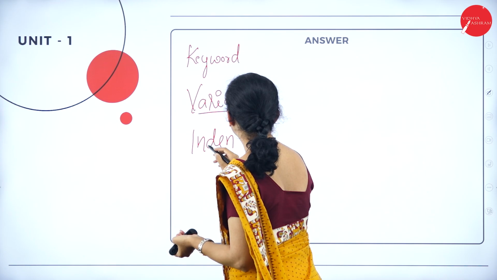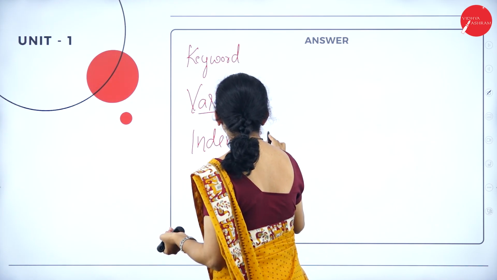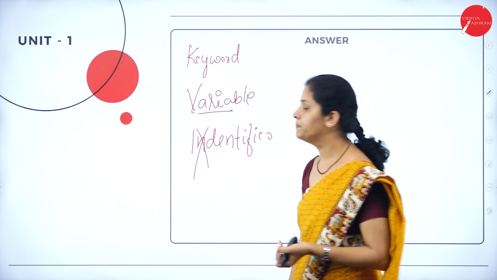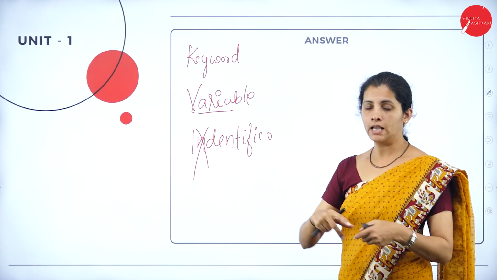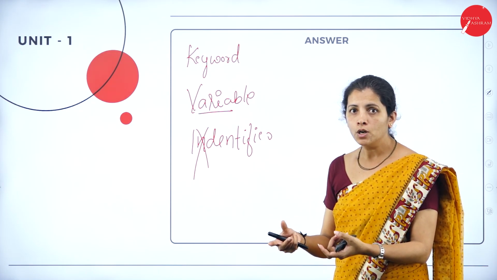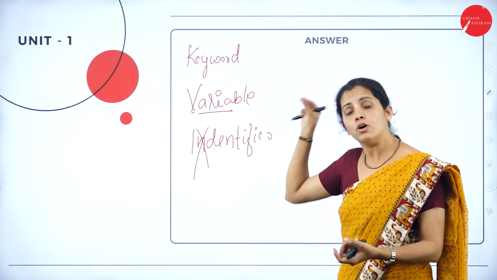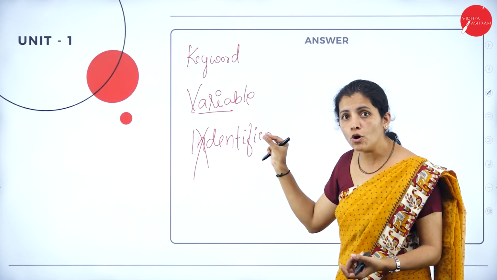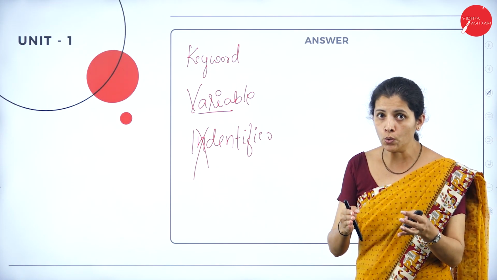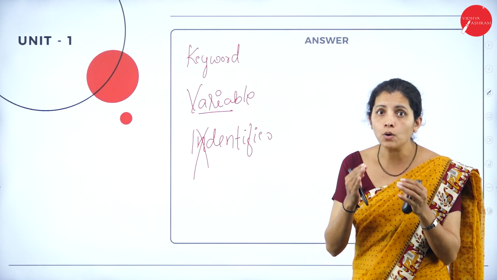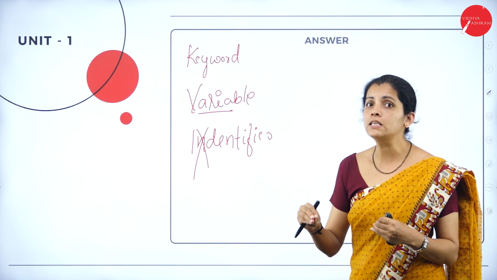Along with that, identifier. So, what is identifier? If I consider a program, I have variables, I have function names. So how am I going to identify? Based on the function name, based on the variable. For example, if I ask you how you are going to identify me. So, based on my subject.